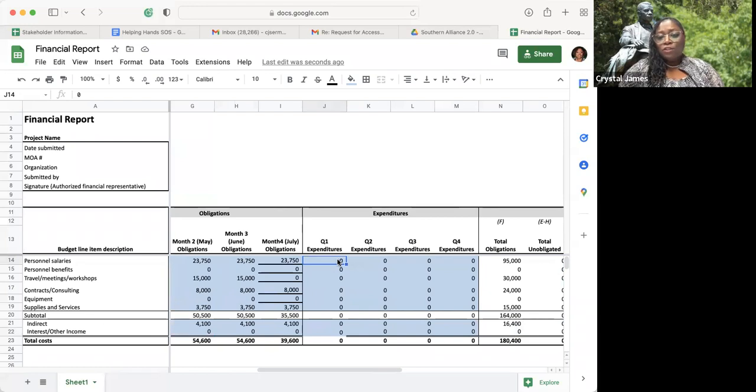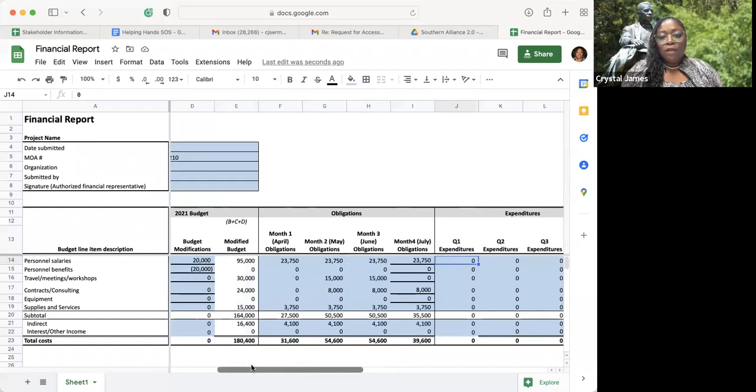Now, when you get into the report that's due for April, the expenditures that you have, again, we can go ahead and make these same adjustments to the expenditures to demonstrate the months instead of quarters. And since we've only had this 1 month, let's say you went ahead and got your staff paid.